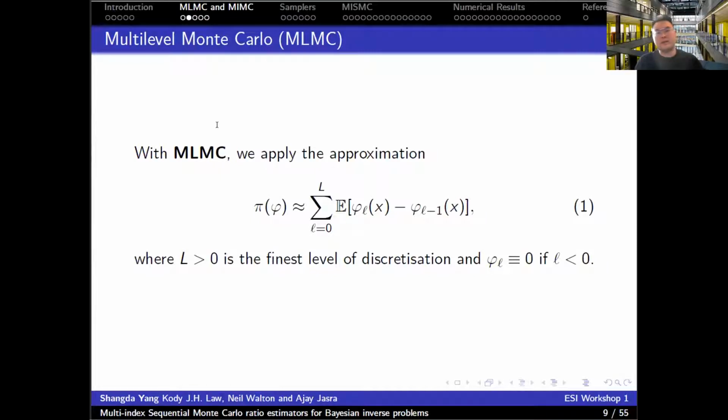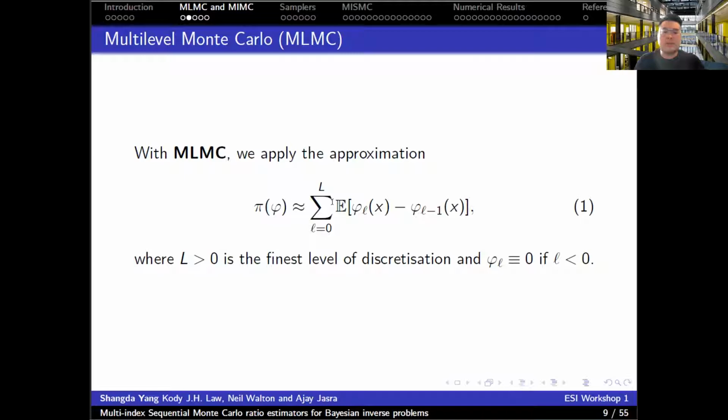Okay, so multi-level Monte Carlo methods. With multi-level Monte Carlo methods, we apply the decomposition. We use the telescoping sum from the coarsest level to the finest level, capital L, like this, where L is the finest level of discretization, and we let varphi_L equal 0 if L is less than 0. So at level 0, we only have this single term.